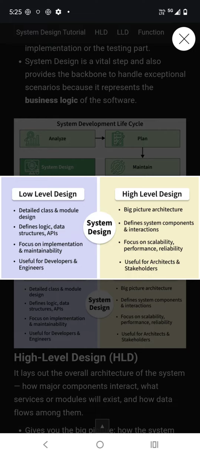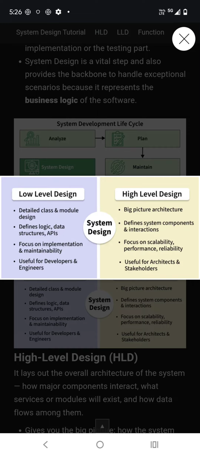Low level design means what classes we are building using Java for implementing the application. So let's say I'm going to build a controller, and the request goes from the controller to the service layer, and then to the repository, the data layer. That is nothing but a low level design.